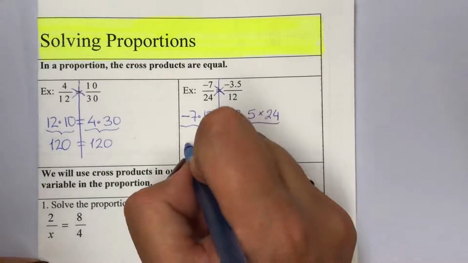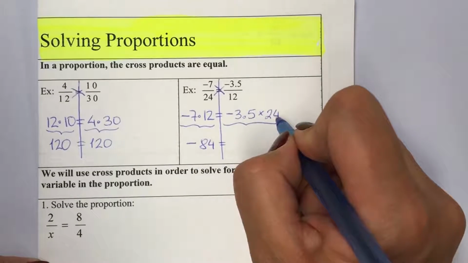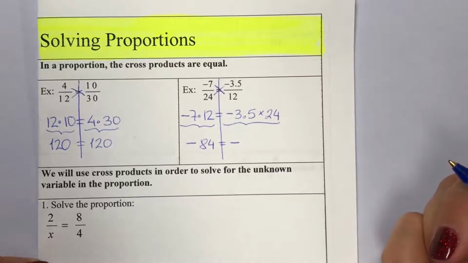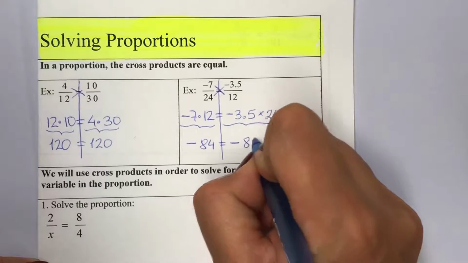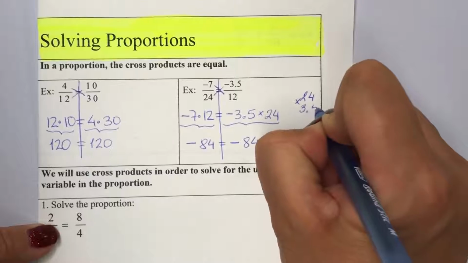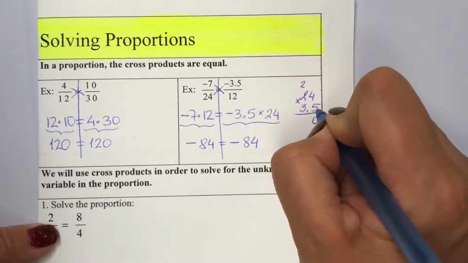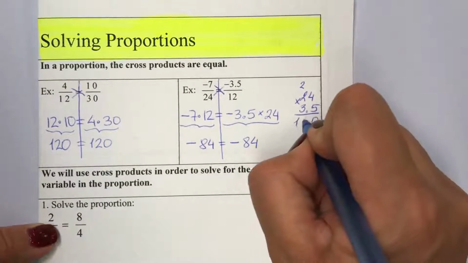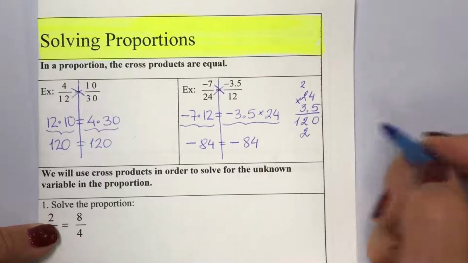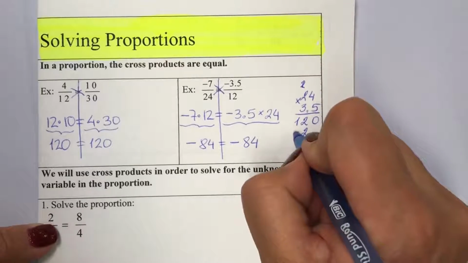-7 times 12 would be -84. And then 24 multiplied by -3.5 will be negative, and that would be 84. We can prove that. 5 times 4, 20. 5 times 2, 10. 2 more, 12. 3 times 4, 12. 3 times 2, and 1 more, 7.